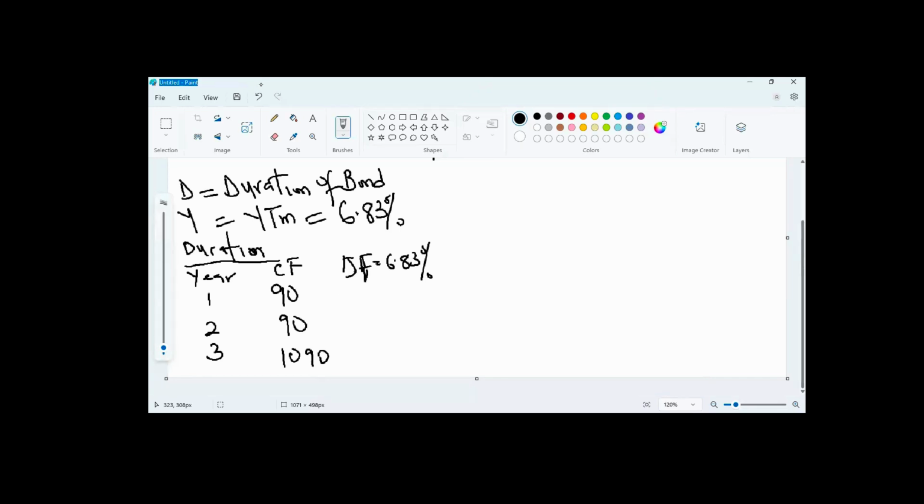Discount factor at 6.8%. Year one, what do you have, please? 0.936. Yeah, that's correct.